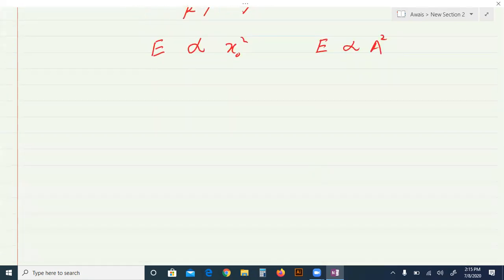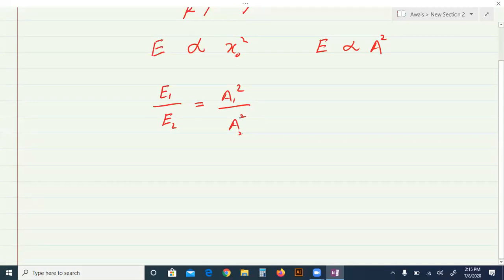Now this relation can be written as energy 1 over energy 2 is equal to amplitude 1 square over amplitude 2 square.